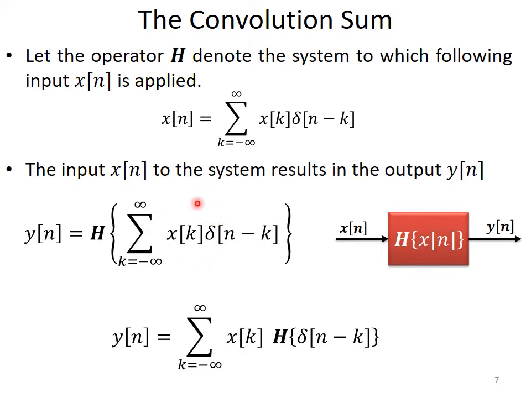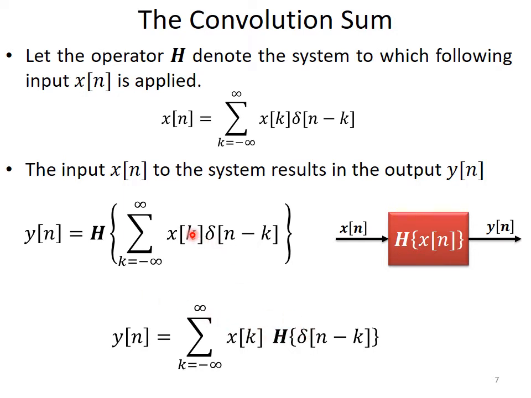Now, as I told you, this x of k is basically a scalar. It is a constant, right? It is a scaling function, so it can be taken out of the summation, and since the system is linear, we can call this the scaling property.